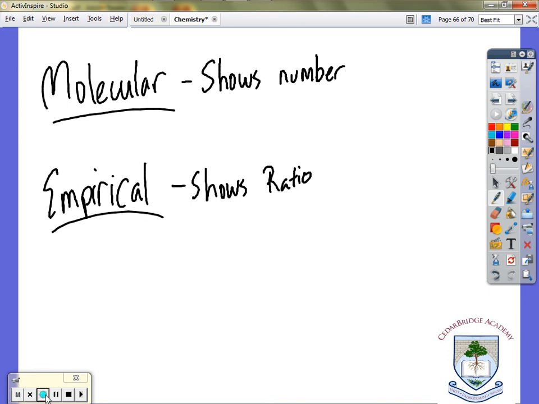And here's the example. Now I'm going to draw this a different way. Instead of doing the circles with the letters in it, we can just use the letters and the sticks to show that there's bonds. If we had a molecular formula, we'd do what we always do.